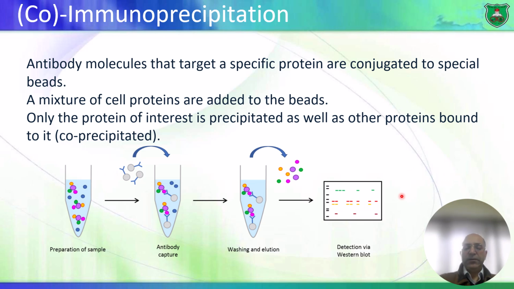Okay, so you can go back to the biochemistry lectures again. Okay, so now by precipitating, by isolating this pink protein, we can identify all of the other proteins that can interact with that pink protein using, again, immunoblotting. That's immunoprecipitation.